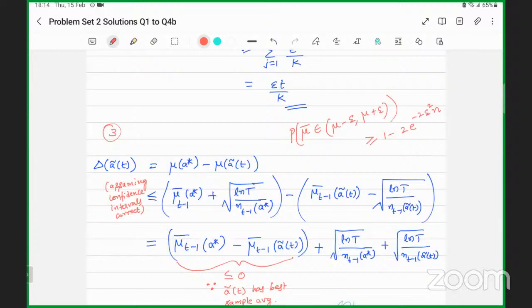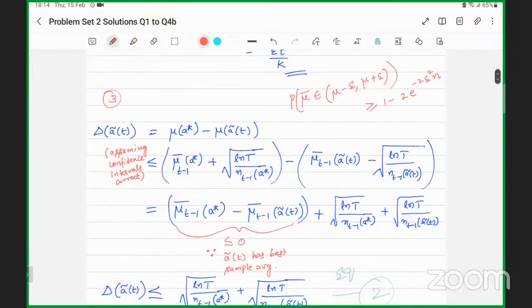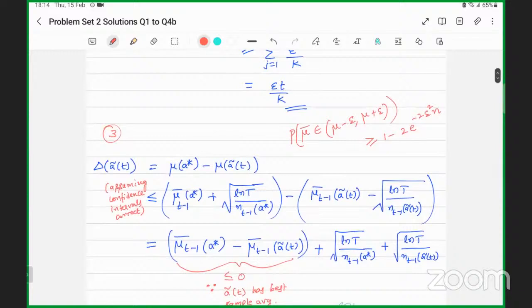So we just choose this probability. If I choose, you just substitute this as epsilon, what will we get? This is greater than or equal to 1 minus 2 into e power minus 2 into ln t by n into n.